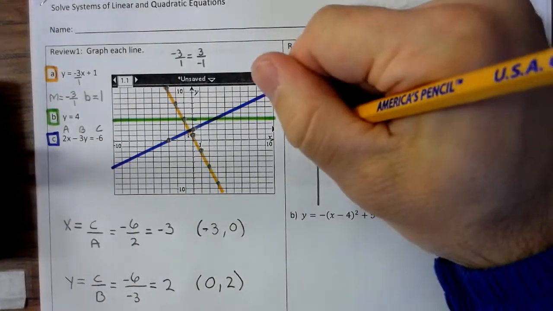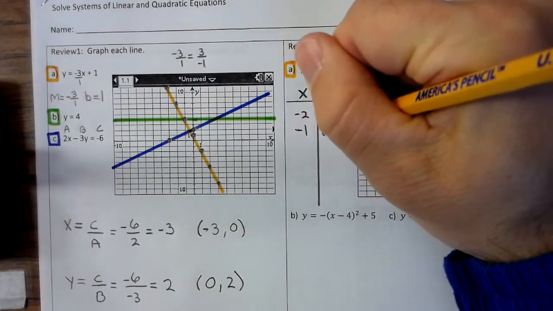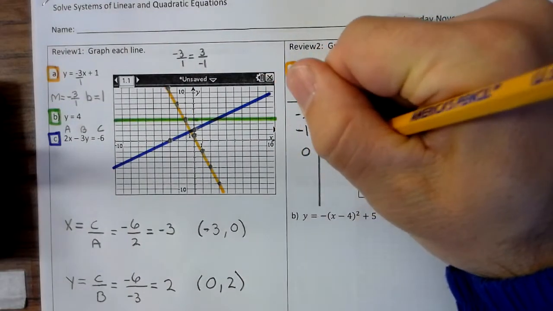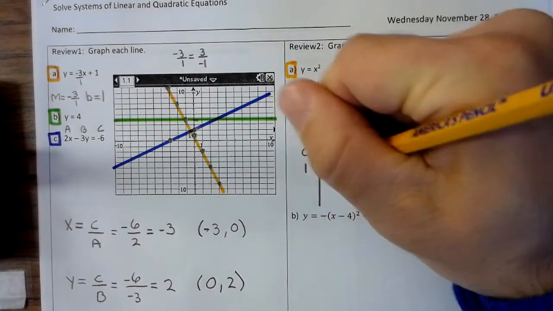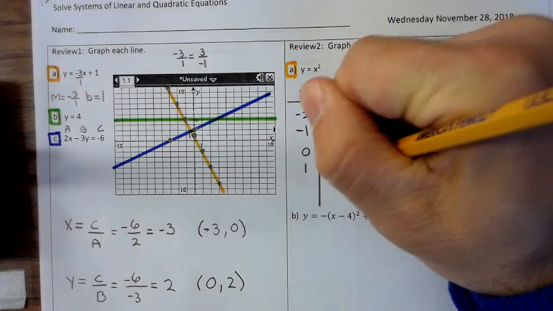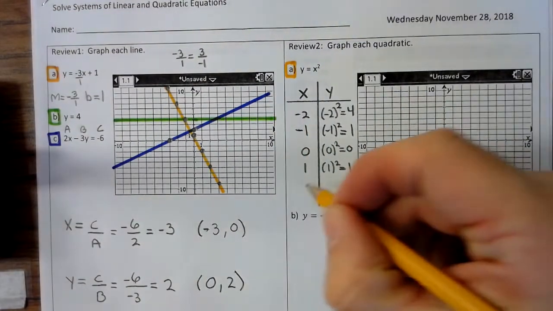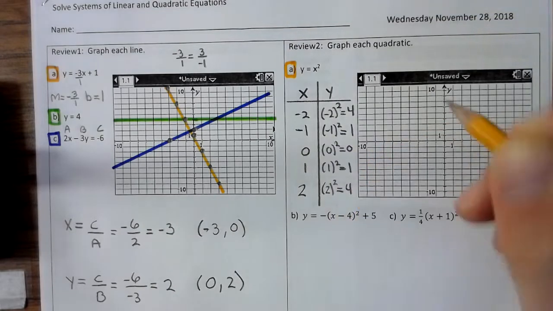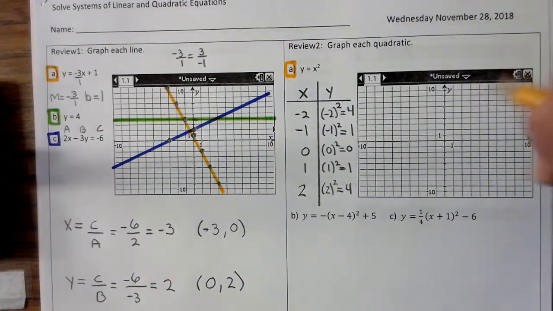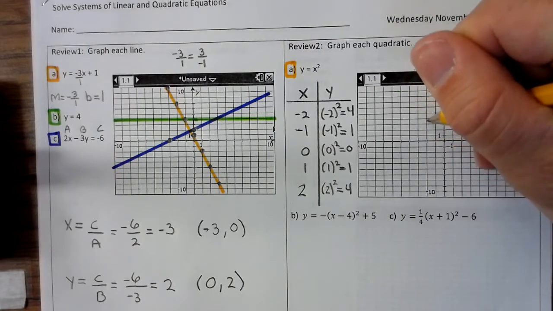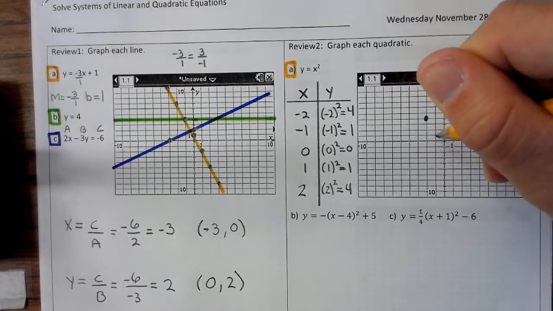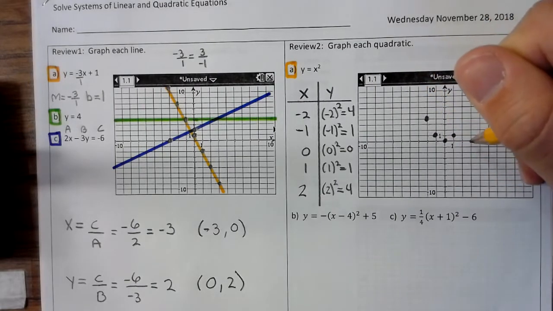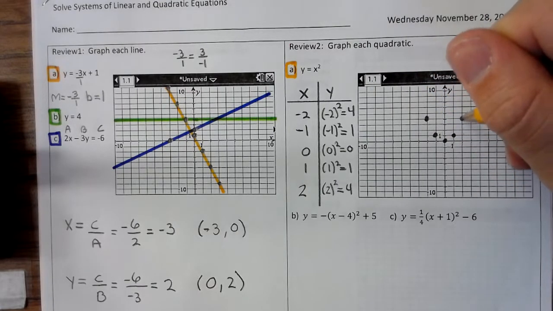When x is -1, -1 squared is 1. When x is 0, 0 squared is 0. When x is 1, 1 squared is 1. And when x is 2, 2 squared is 4. So our points are -2, 4, -1, 1, 0, 0, 1, 1, 2, 4.